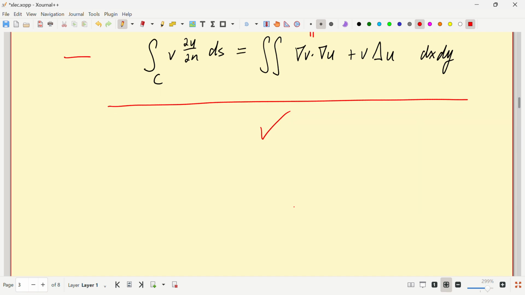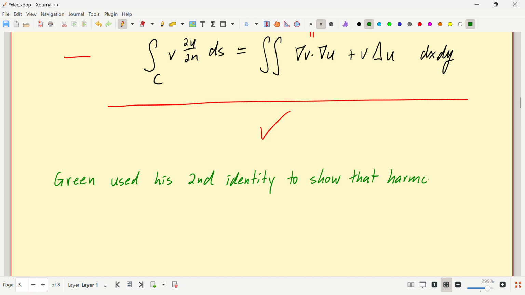Green used his second identity to show that harmonic functions satisfy the averaging property.